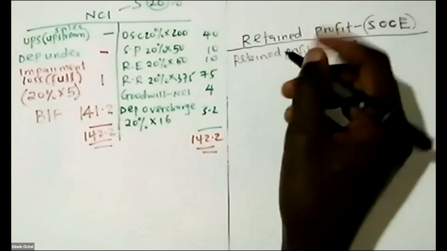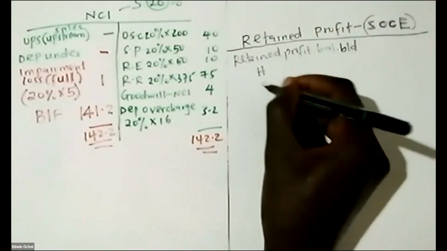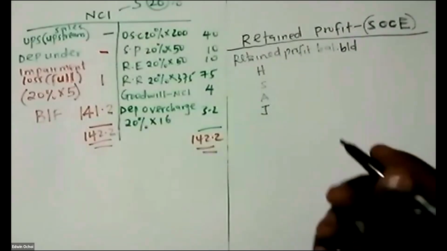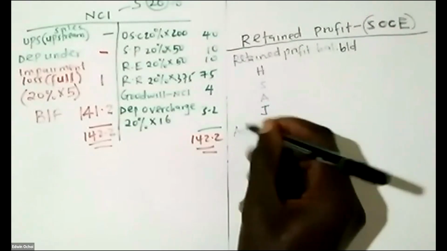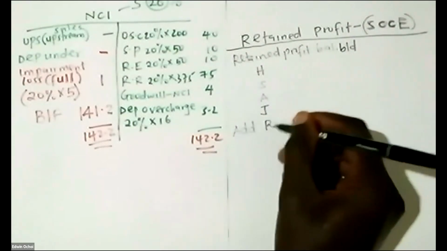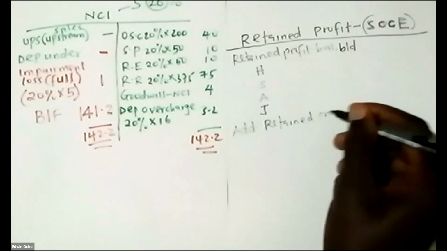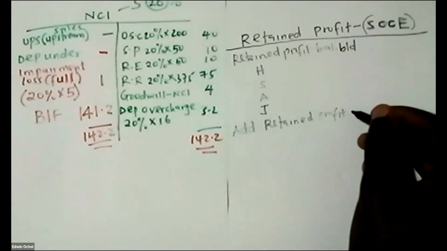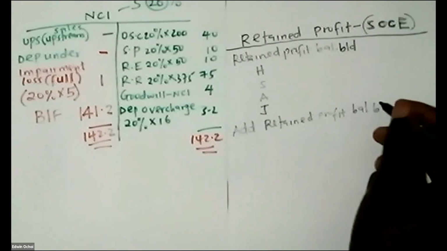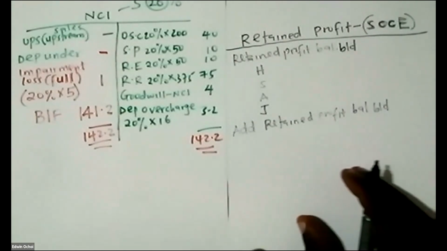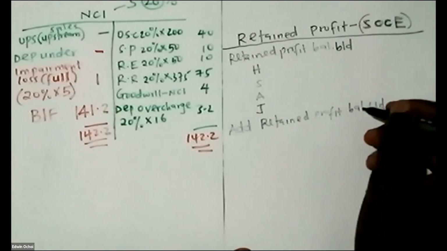So for all the companies you have, H, S, and A, and we have J, then you add retained profit, you add your retained profit balance brought down. Retained profit, not balance brought down. Balance brought down already I've recorded.